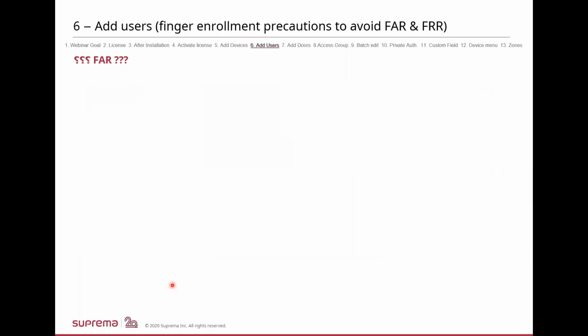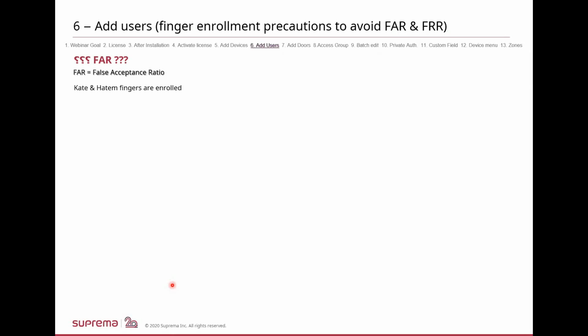Now, let's move forward. FAR. A big question for a lot of people today. So what is FAR? First of all, let's understand what FAR means. FAR means false acceptance ratio. In order to understand this terminology, let's assume that Kate and Hatem's fingers are enrolled on a device.